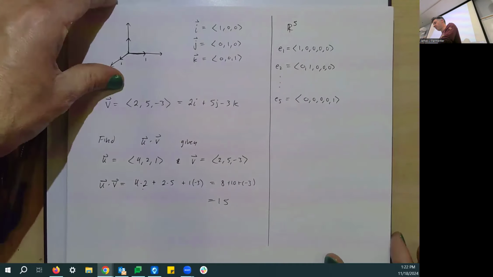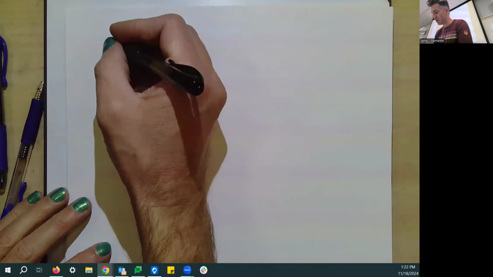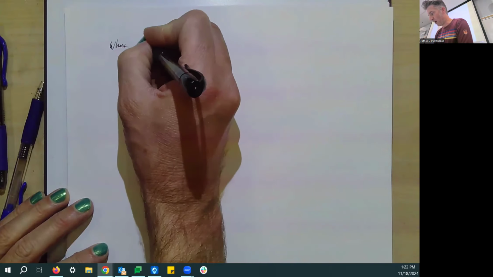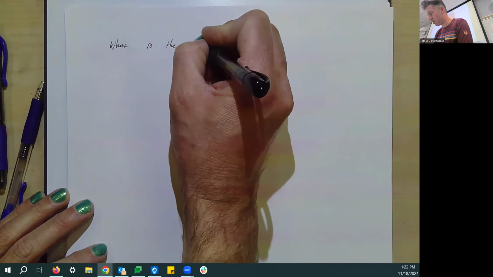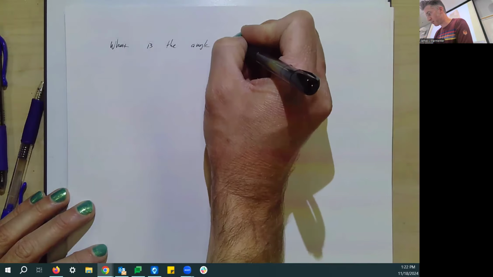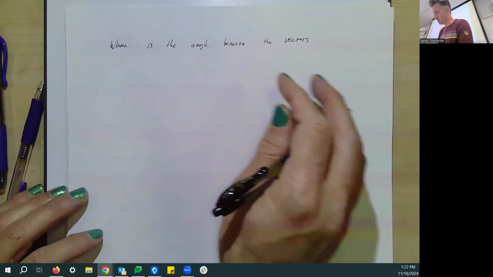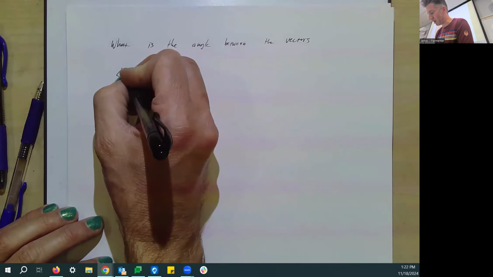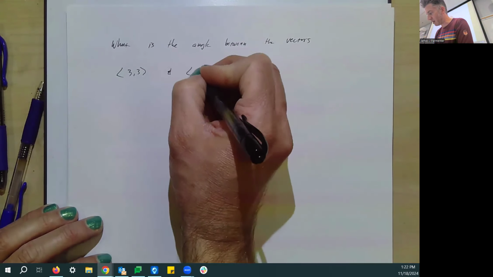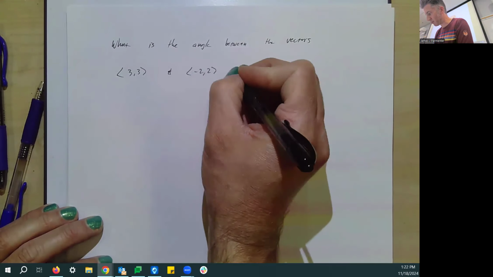Well, probably the most typical example is something like, what is the angle between the vectors? I'm going to make it easy this first time. 3, 3, and -2, 2.